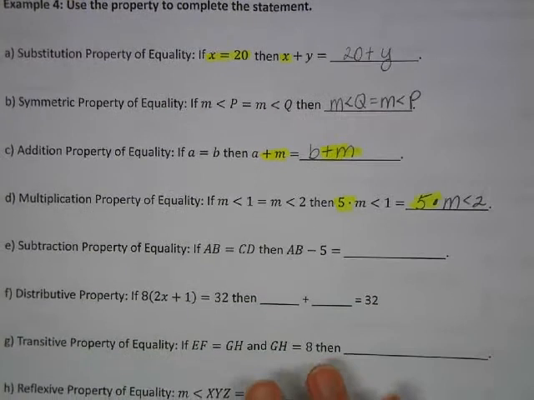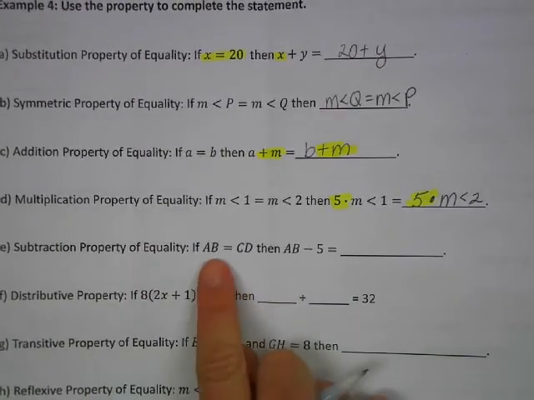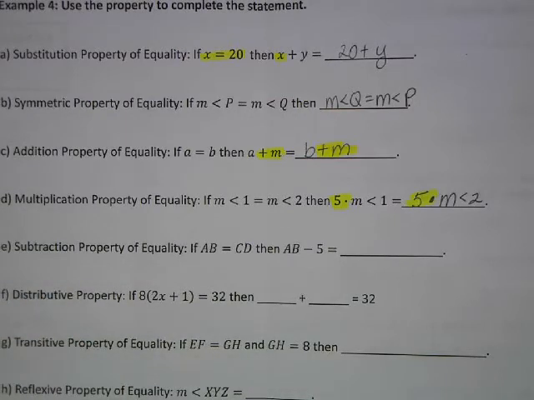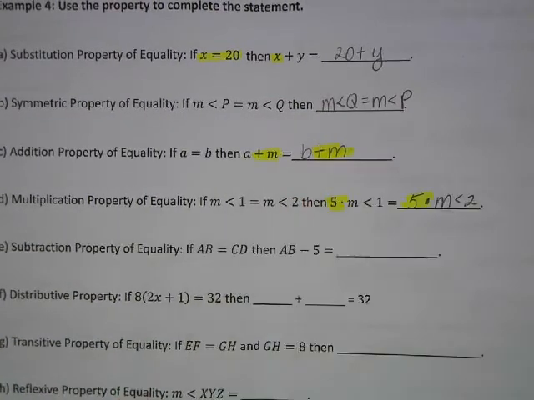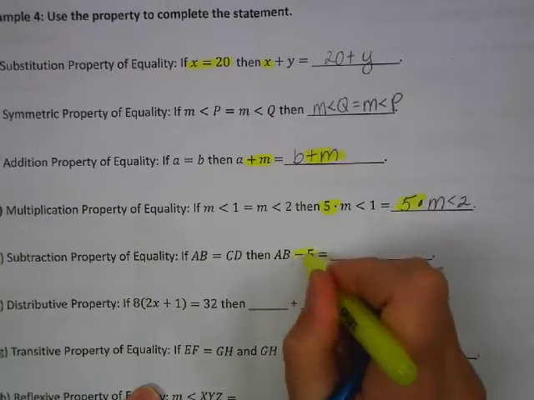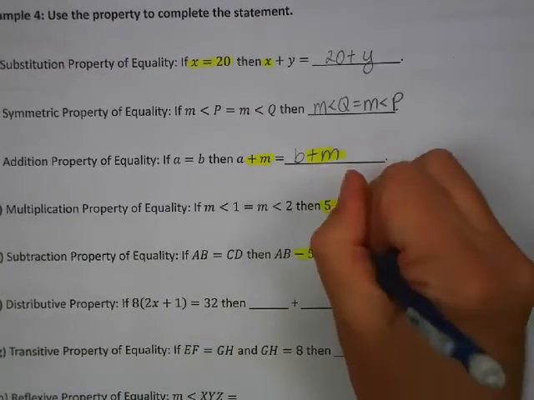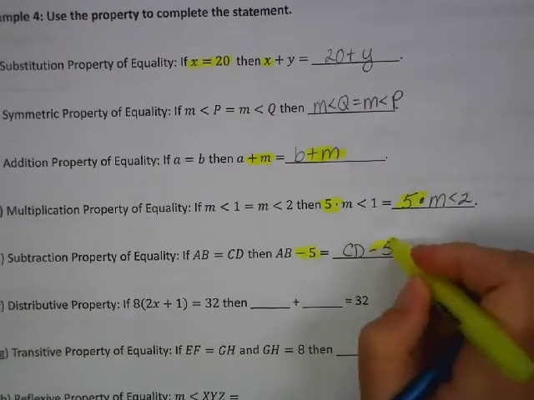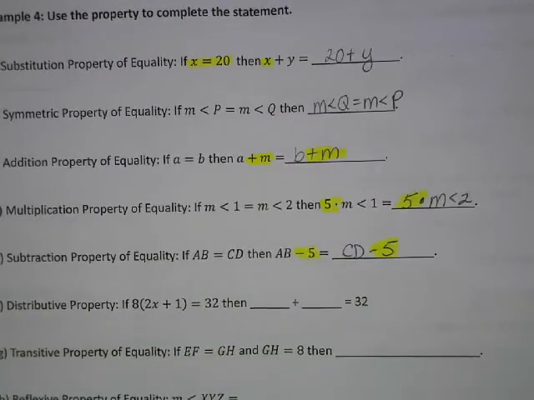For the subtraction property of equality, if AB equals CD, then AB minus 5 has to equal CD minus 5, because we're subtracting the same value from both sides.